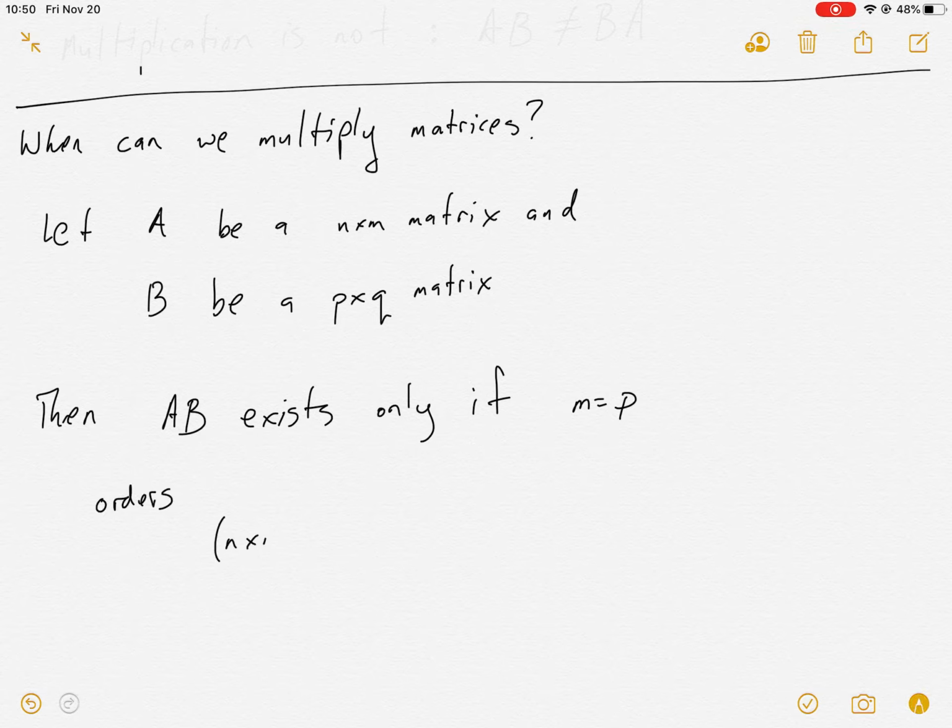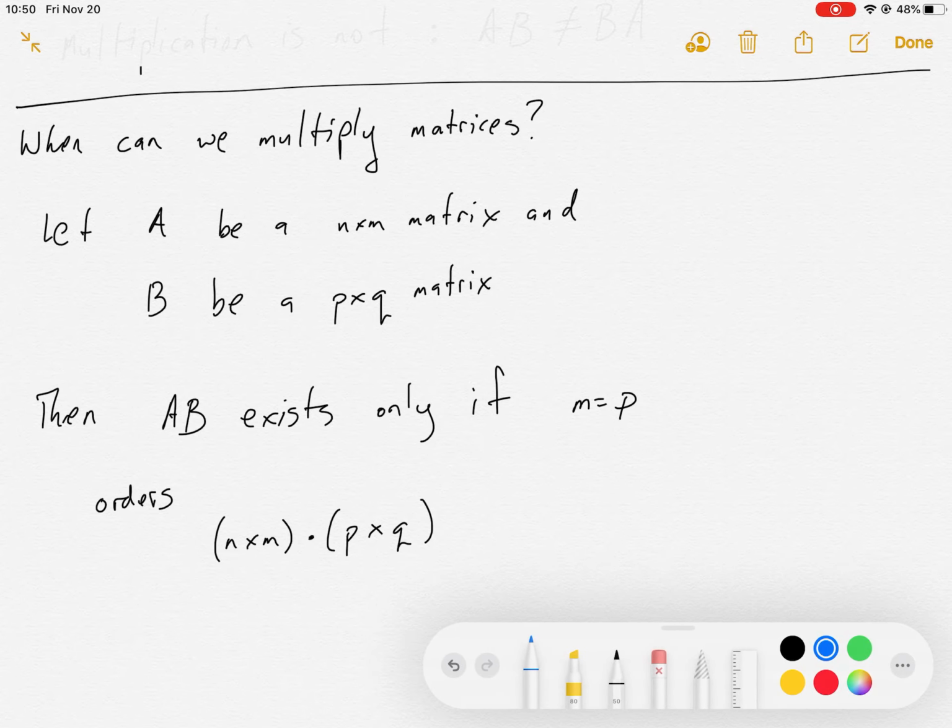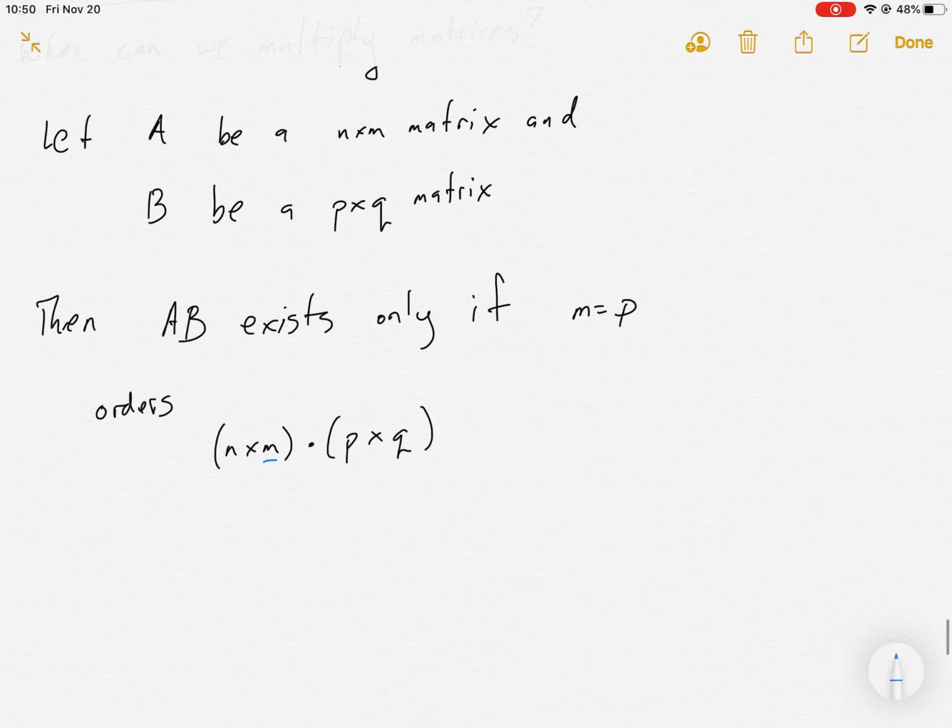So notice if I'm kind of writing this down in terms of their orders, I'm taking an n by m matrix and I'm multiplying it by a p by q matrix. In order for this to work, m and p have to be the same number.